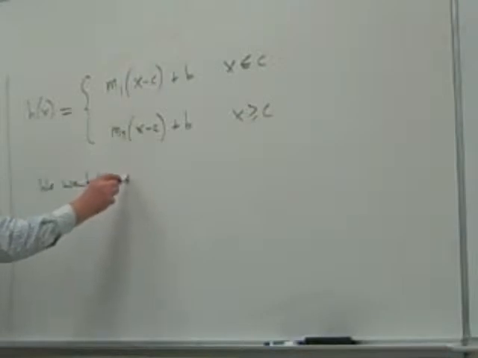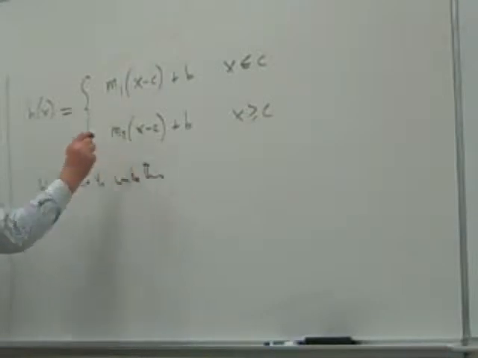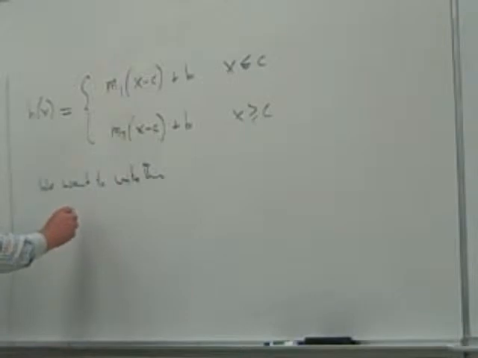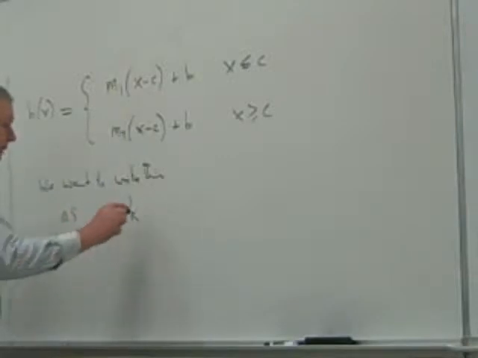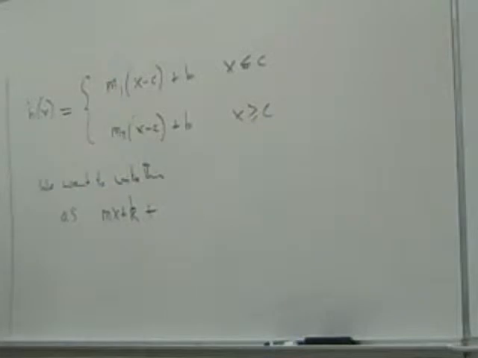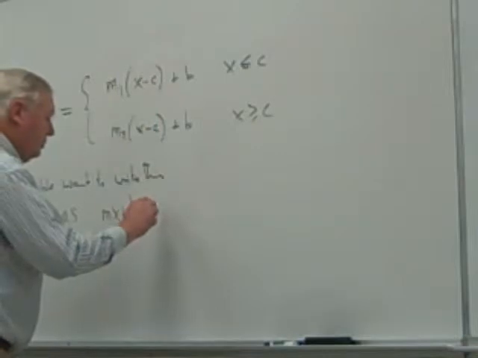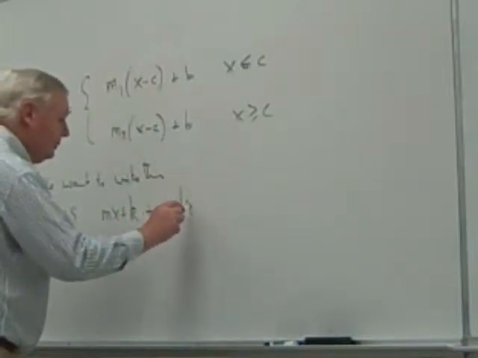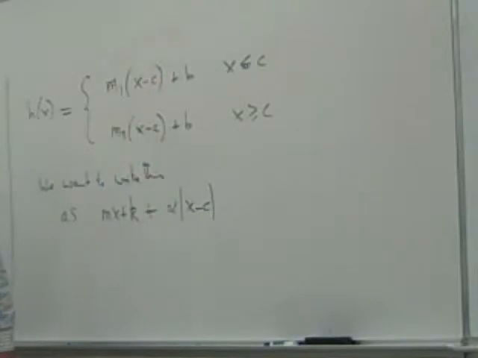And so we want to write this as a linear term plus alpha times the absolute value of x minus c. So we've got three things that we can choose.